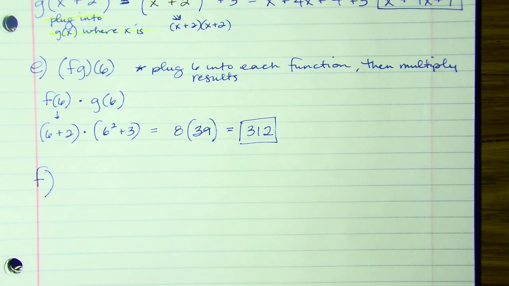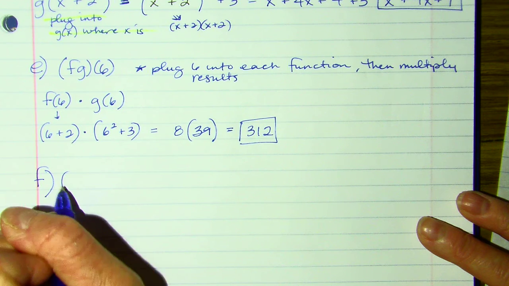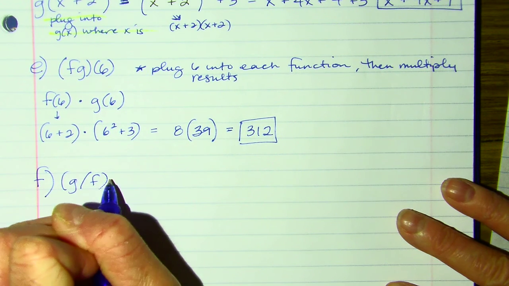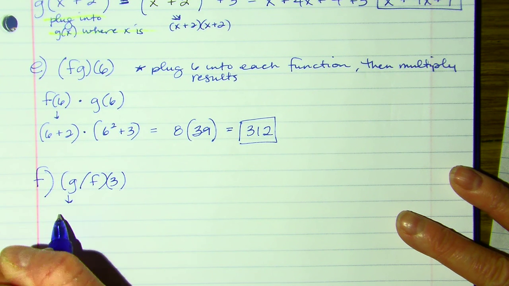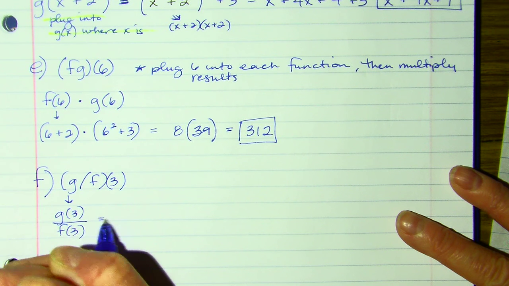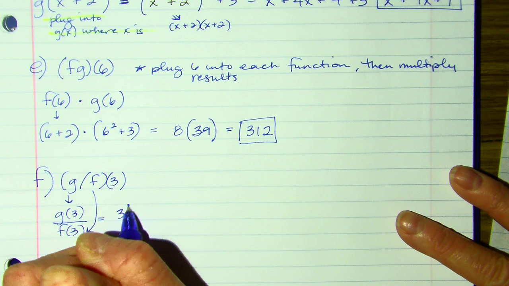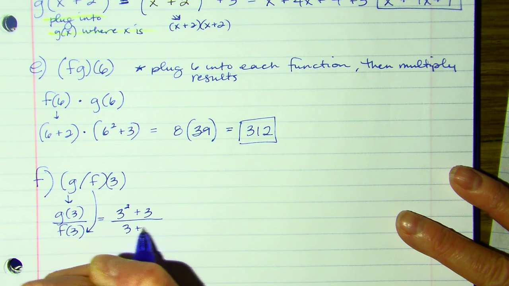Oh, I didn't cover divide. Sorry about that. So g divided by f at 3. So this is saying g at 3 divided by f at 3. So g at 3 would be 3 squared plus 3 over f at 3 would be 3 plus 2.